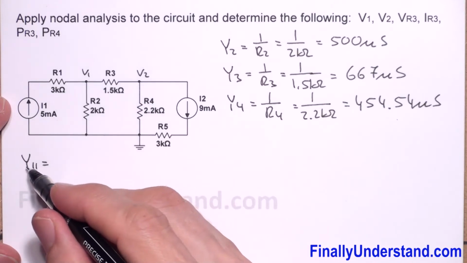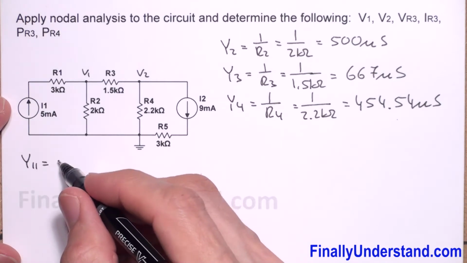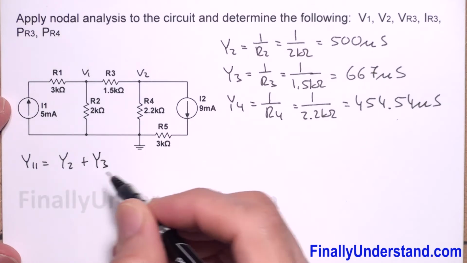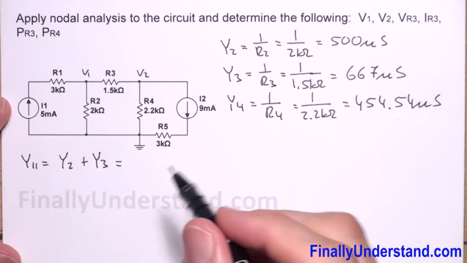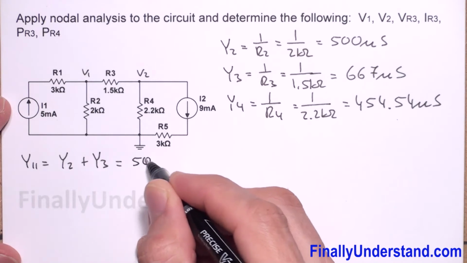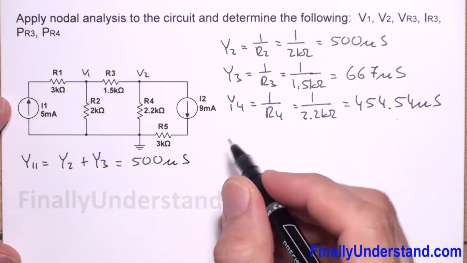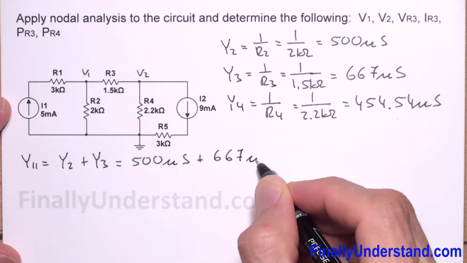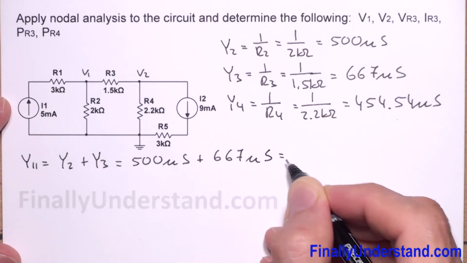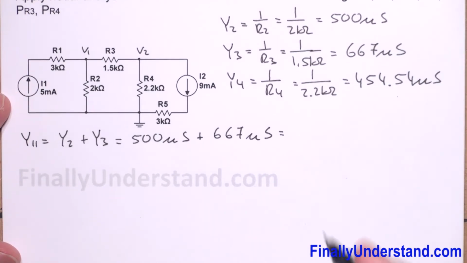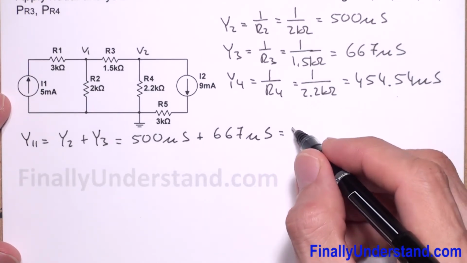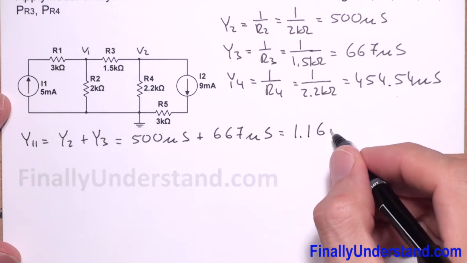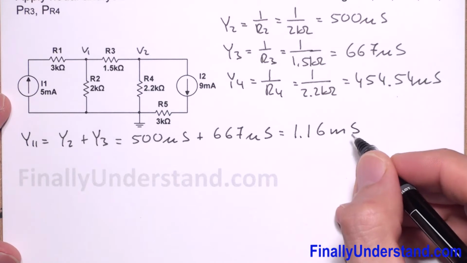That's why I'm going to write that Y11 is equal to Y2 plus Y3, where Y2 is equal to 500 microsiemens plus Y3, 667 microsiemens. This is equal to 1.16 millisiemens.